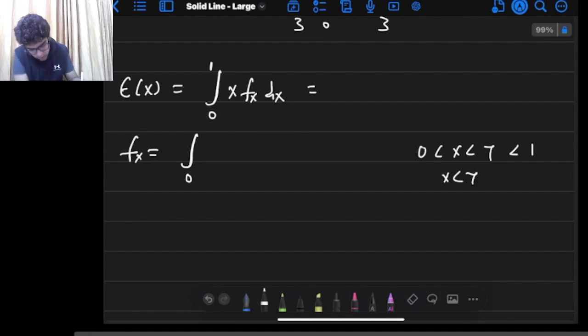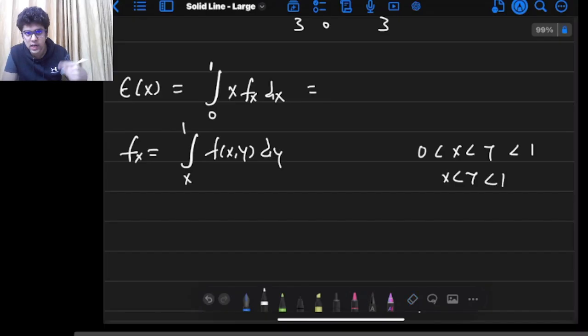So for computing the marginal distribution of x, we need to take the joint probability function f of x comma y dy, and the limits of y will be x and 1. So y lies between x and 1.